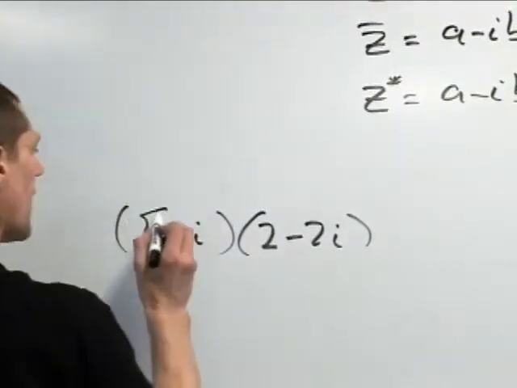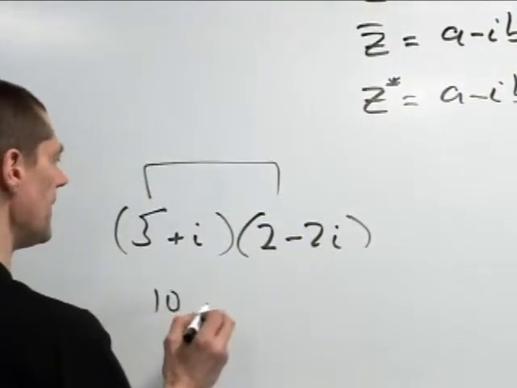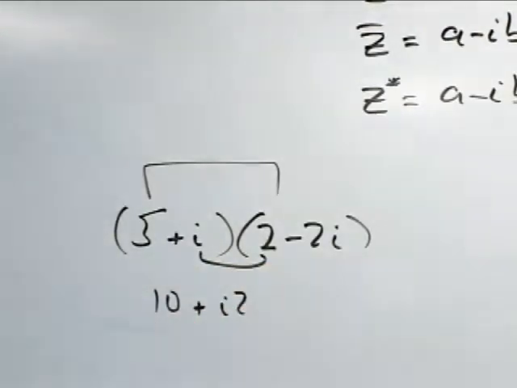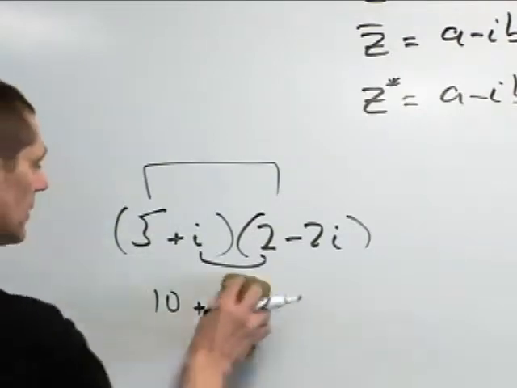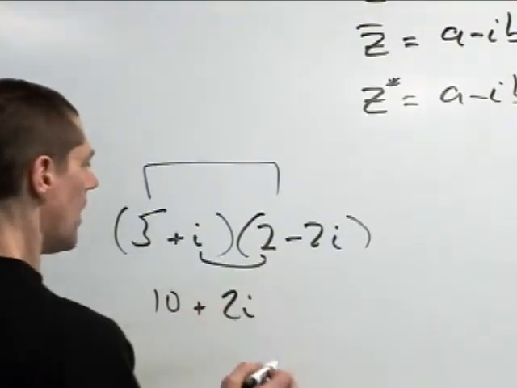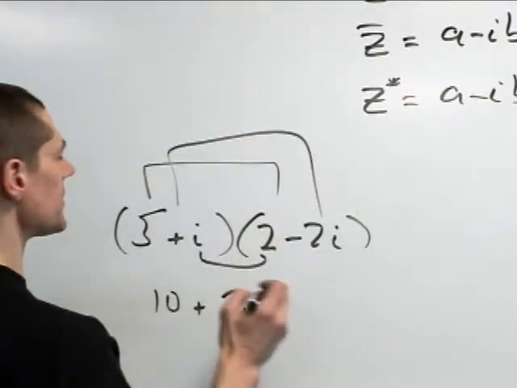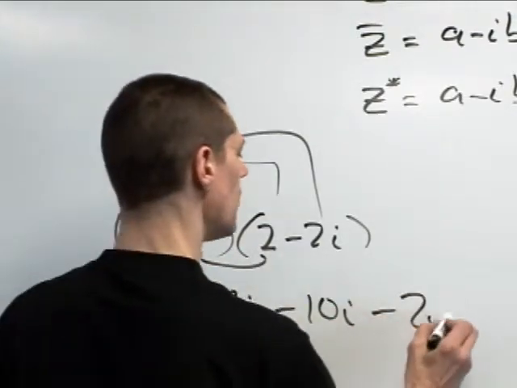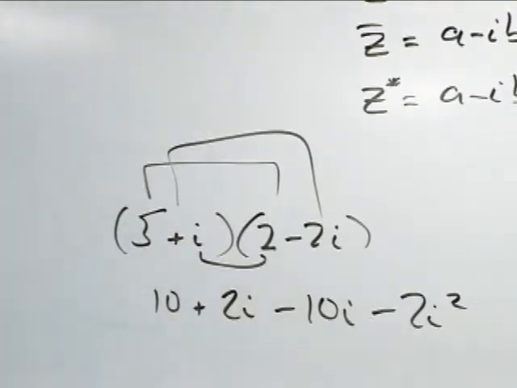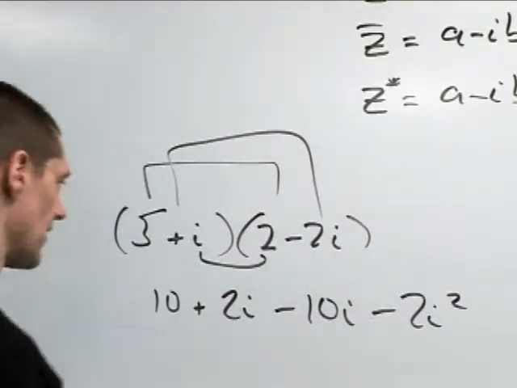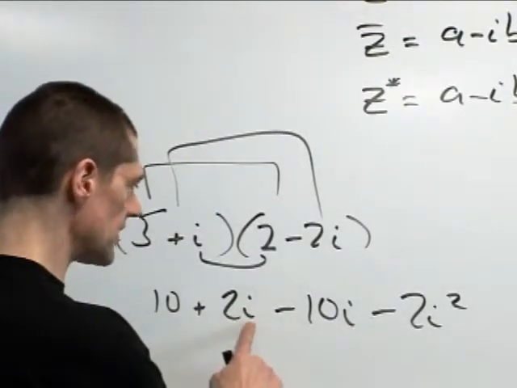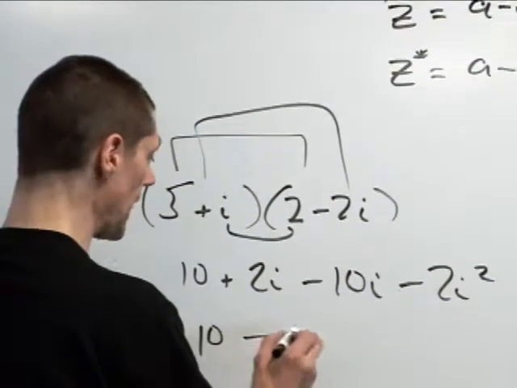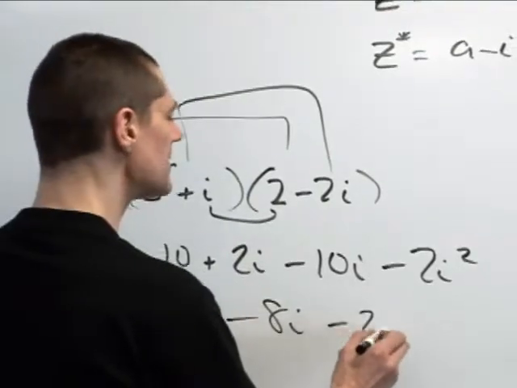You have to FOIL these out. So here is 10 plus i times 2, but I'm going to write that as 2i just because I'm used to it. What else do we got here? This is going to be minus 10i. And then here, minus 2i squared. Now we need to combine some things together, right? We have single i's here, so this is going to be 10 minus 8i minus 2i squared.